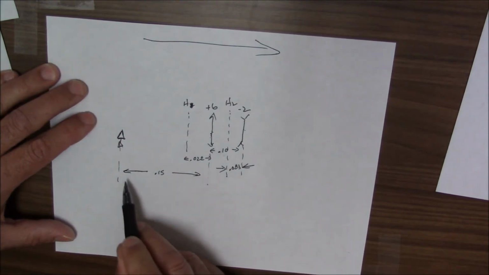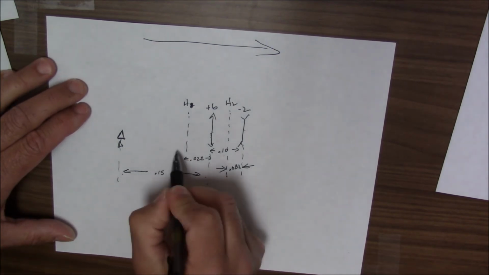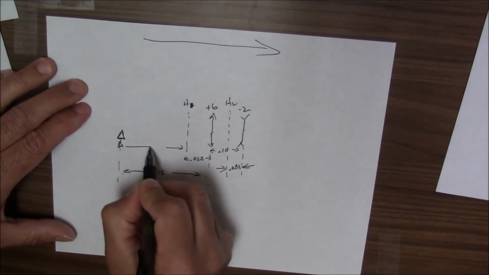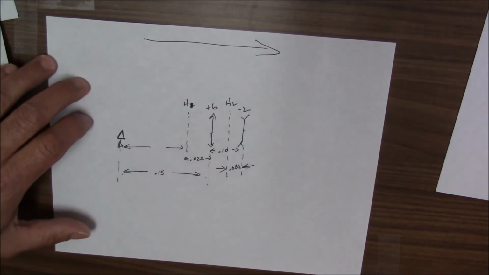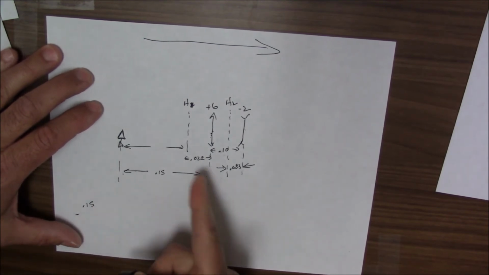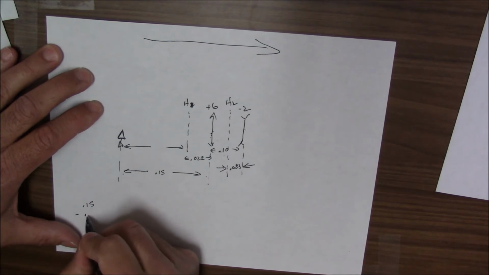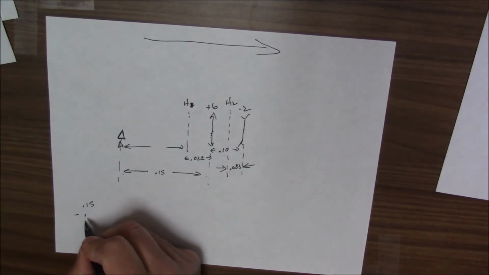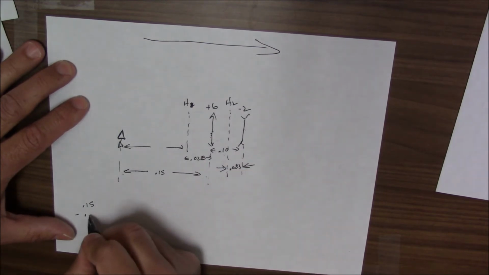So if it's 15 centimeters from here to here, I need to know what the distance is between here and here, from our Gaussian front surface to our real object. That's going to be our 15 centimeters minus the distance between the two here, which is 0.028. That's an 8 there, I can't read my own writing sometimes.